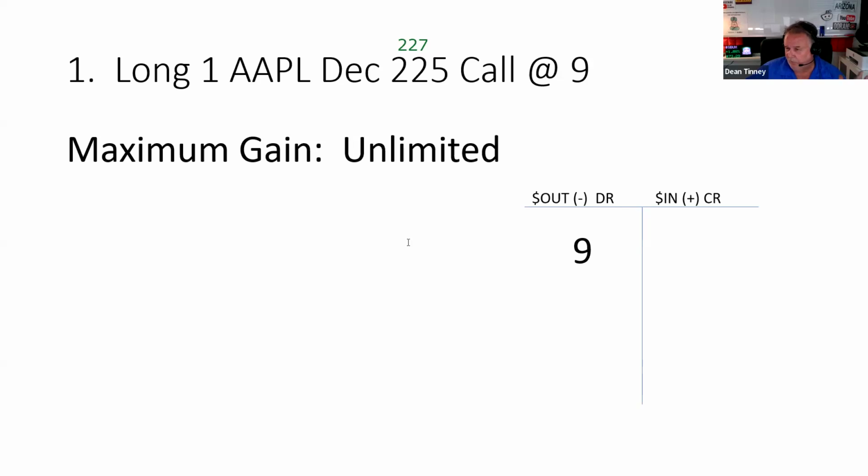I just told you not to worry about that. But if they say at expiration Apple remains unchanged, now that's important. So now the option contract is not going to expire. We should know that if Apple is at 227, the contract has intrinsic value, so it's going to be what?